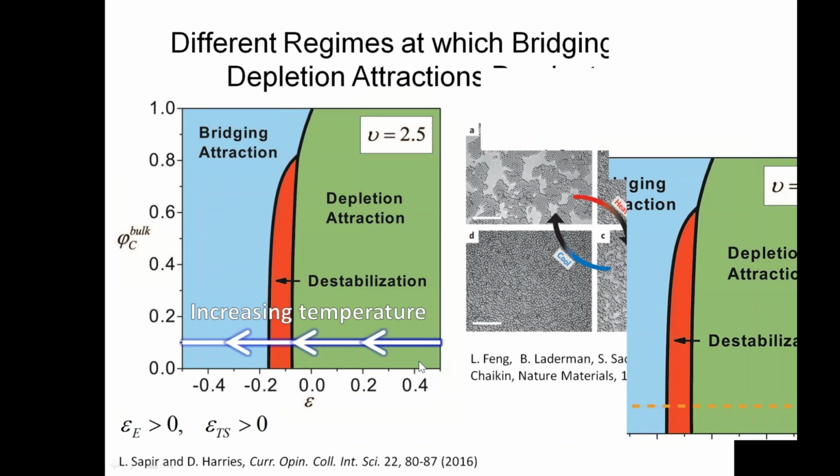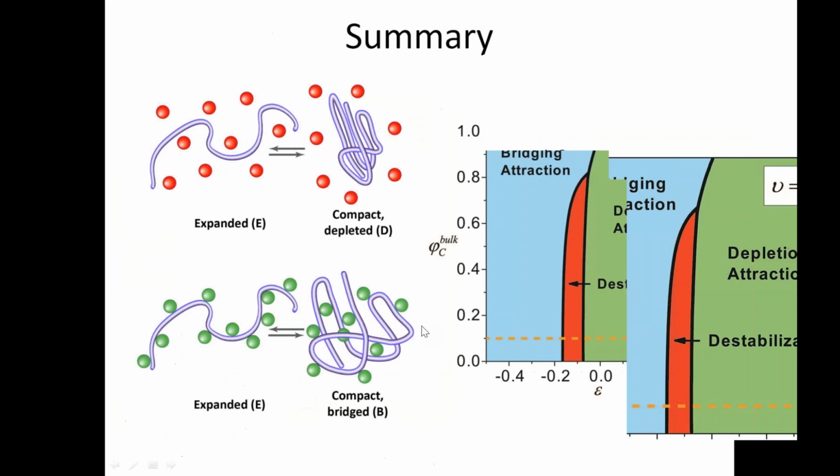So to conclude, I've shown that the simple mean field theory can account for the effect cosolutes, both preferentially included and preferentially excluded, have on macromolecules or colloids.